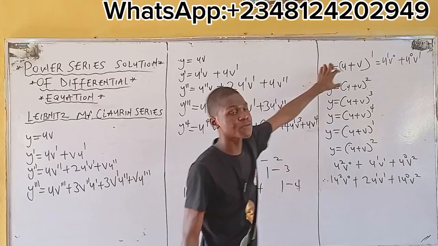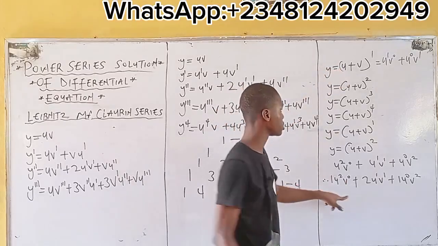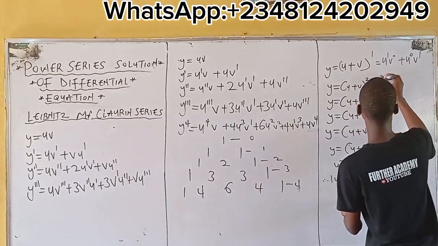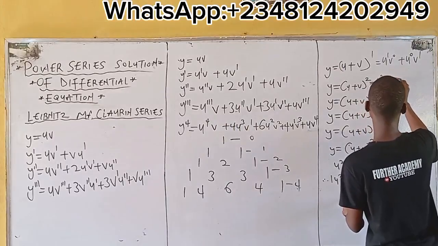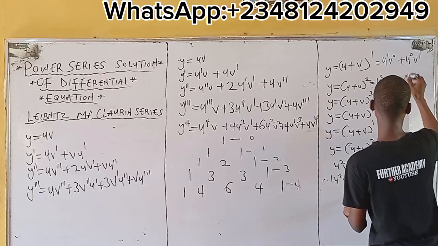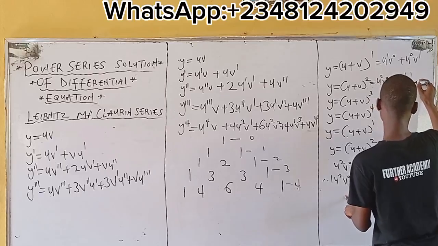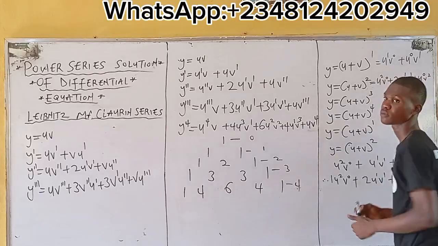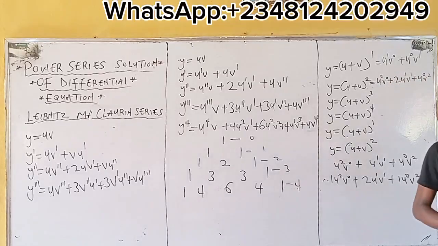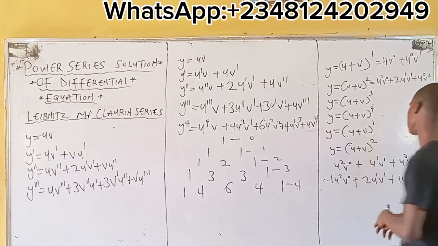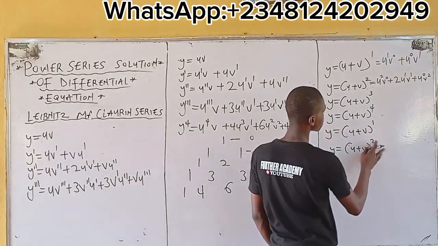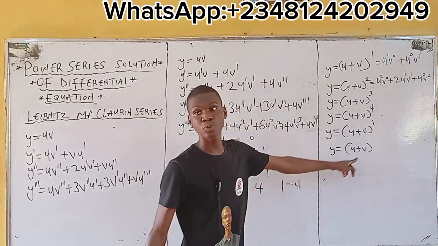So meaning for this function, using binomial expansion, you got this. So let's write. So I have u raised to the power of 2, v raised to the power of 0 plus 2 u raised to the power of 1, v raised to the power of 1 plus u raised to the power of 0, v raised to the power of 2. Any question?